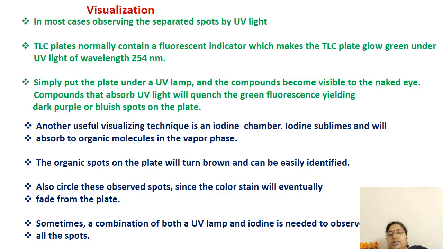Then circle the observed spots since the color stain will eventually fade off after some time. Sometimes a combination of UV and iodine is needed for observation of all the spots. There are different types of visualization techniques available other than these two. For example, ninhydrin is commonly sprayed to identify amino acid spots on a TLC plate.